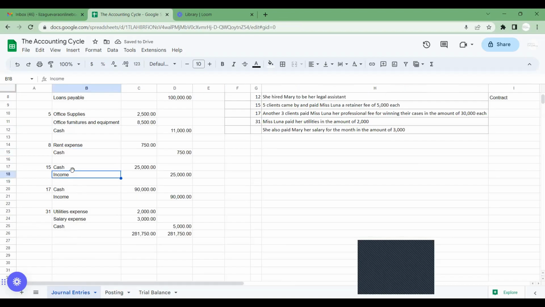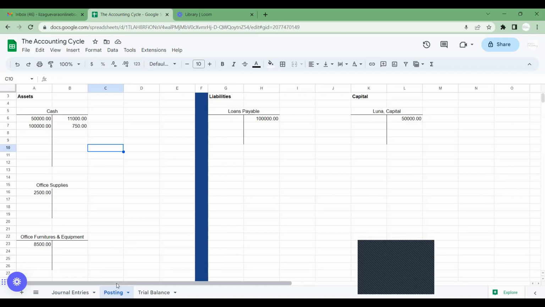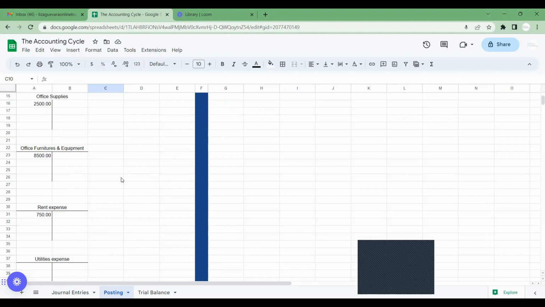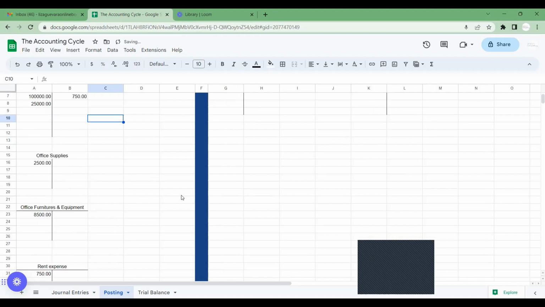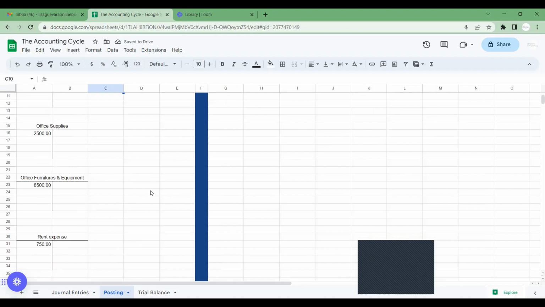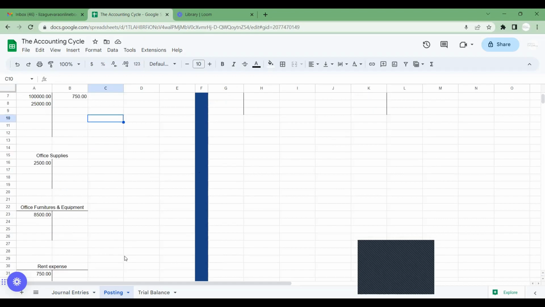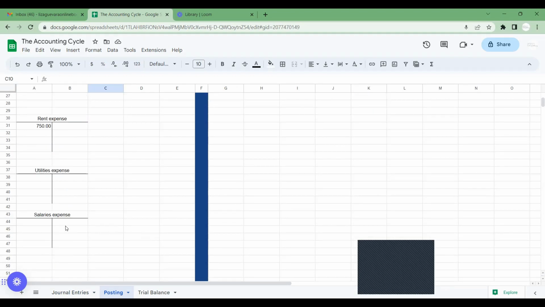Next we have income, debit cash of 25 and credit income of 25.